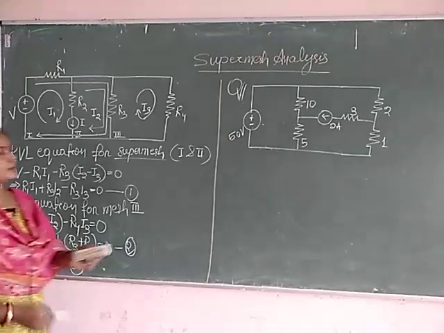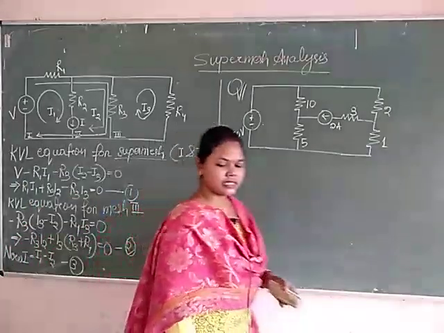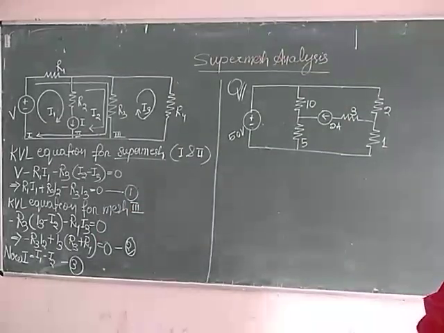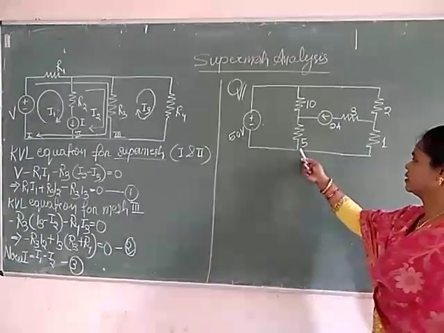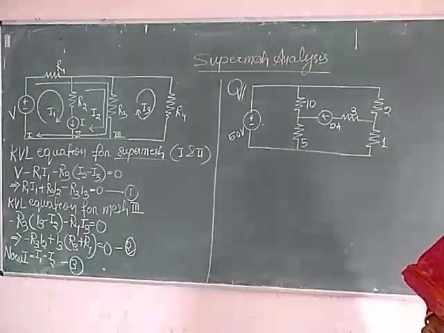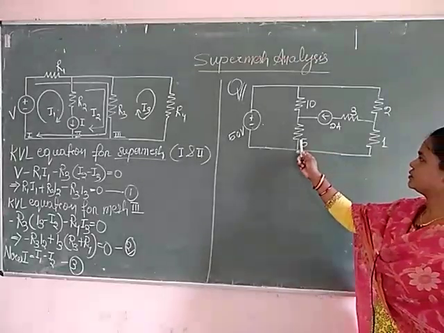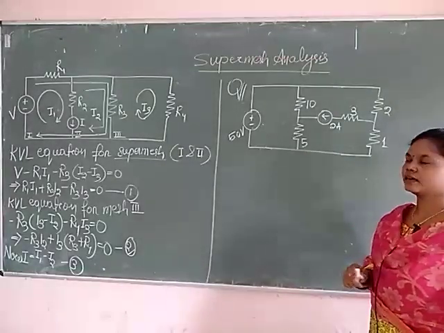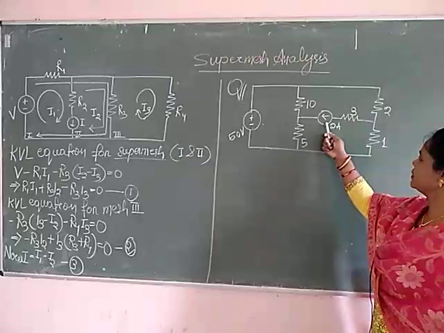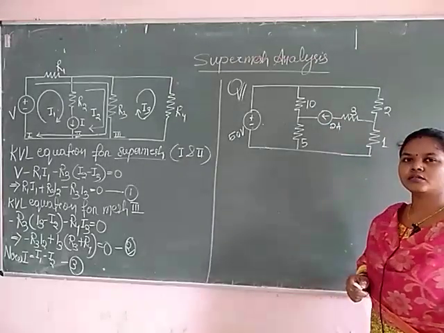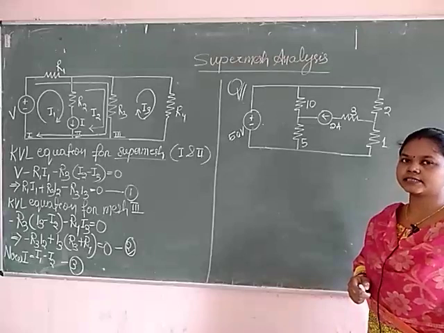We take one example. Here the question is to find the current flowing through the 5 ohm resistor. If you see this circuit, there is a 2 ampere current source in between these two adjacent mesh.